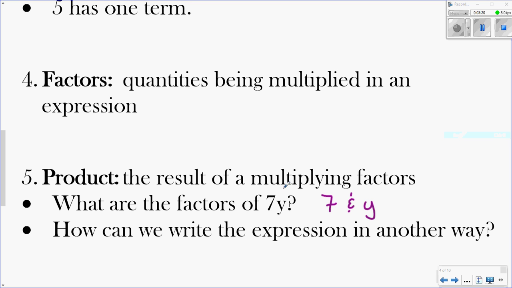There are two factors, and that's our factors. How can we write the expression in another way? You could write it as y7. You could write it as y times 7 with a dot. You could put parentheses to show that you're multiplying these two factors.